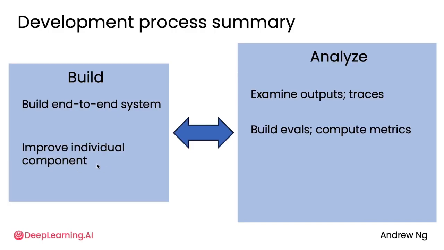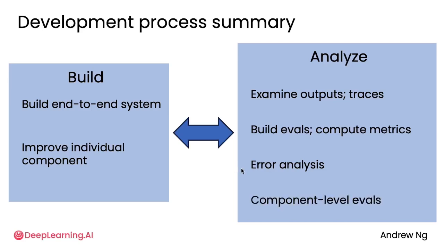As it matures even further, my analysis then becomes maybe even more disciplined, where I'll start to do error analysis and look through the components and try to count up how frequently individual components led to subpar outputs. And this more rigorous analysis then lets me be even more focused in deciding what components to work on next or inspire ideas for improving the overall end-to-end system.